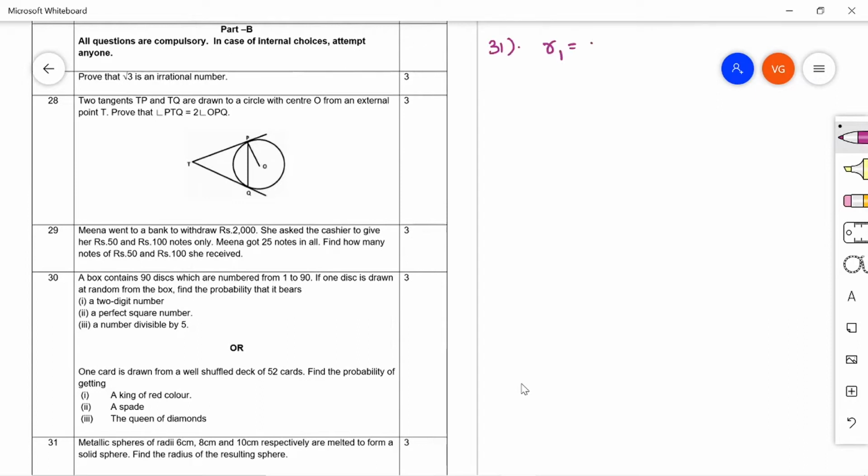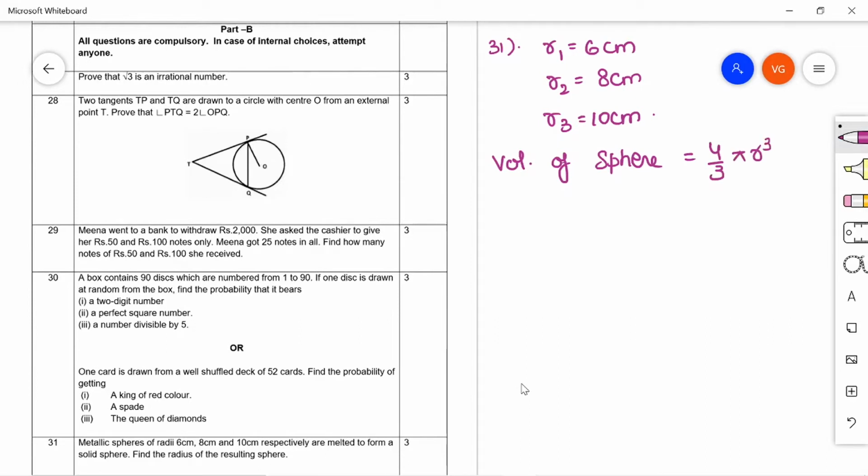Given R1 is equal to 6 cm, R2 is equal to 8 cm and R3 is equal to 10 cm. Write down the formula. Both the sides it is sphere only, so the volume of the sphere is 4/3 pi r cube.